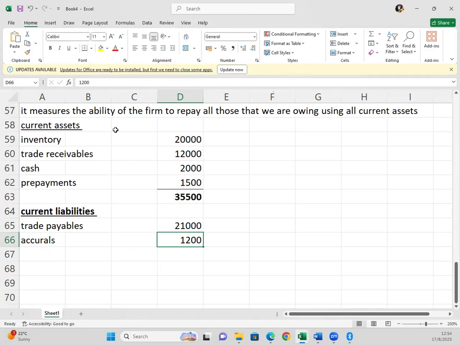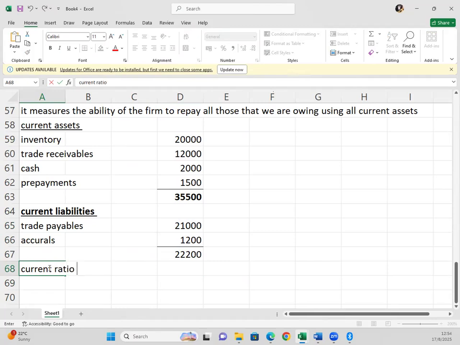Then the question says, what is your current ratio? Your current ratio is the current assets as to current liabilities. So in this case, my current assets, 35,500, divided by current liabilities, 22,200.